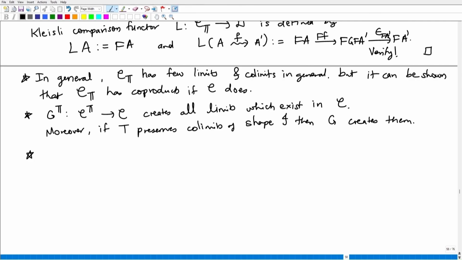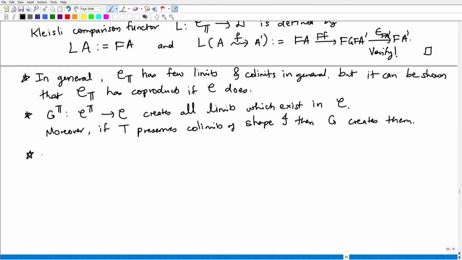I'm giving these things without proof. I just wanted to give you an idea of how monads work, and you have seen such proofs already. How to show that something creates limits, how to show that something preserves limits. You have already seen enough proofs of that kind.